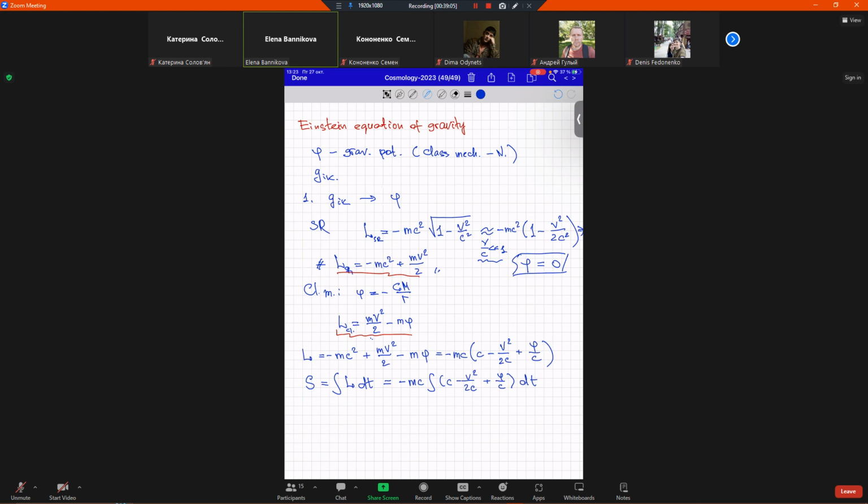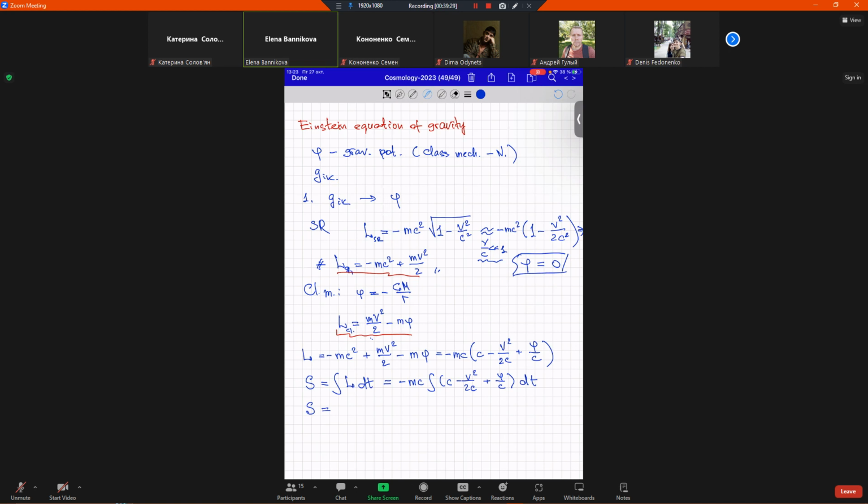We also understand that this action should be invariant relative to inertial reference systems.